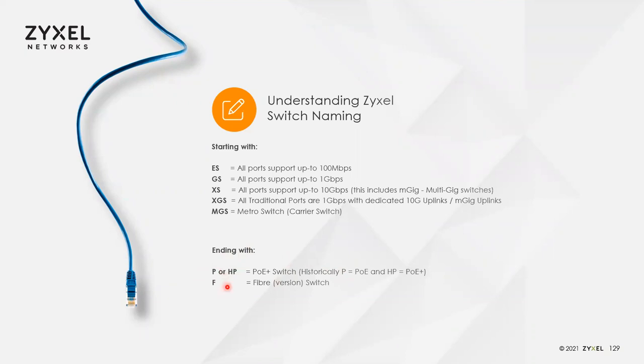Most of your switches will say HP, high power, which is 802.3at or 802.3bt, depending on the model. Those support up to either 30 or 60 watts of power per port. And if it ends in an F, basically all of the ports on the switch are fiber ports. There are no copper ports on the switch.